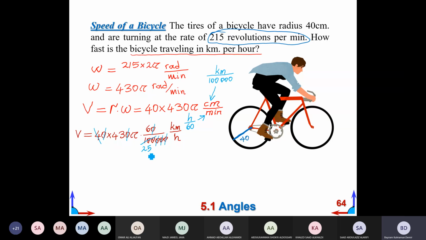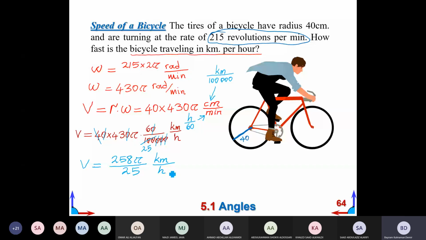So can somebody multiply 43 and 6? 258. Yes. 258 pi divided by 25 kilometer per hour.